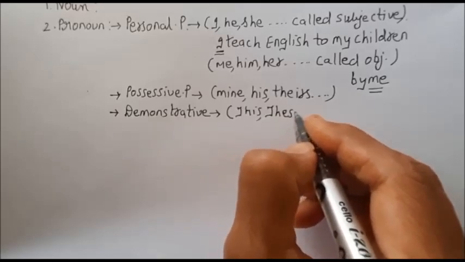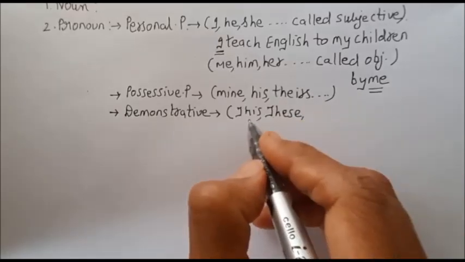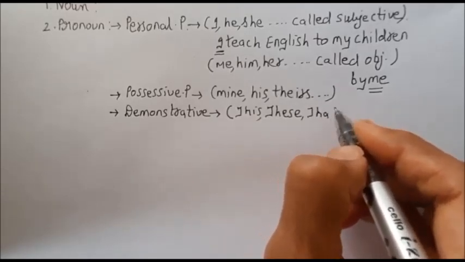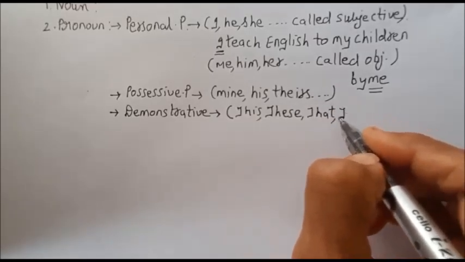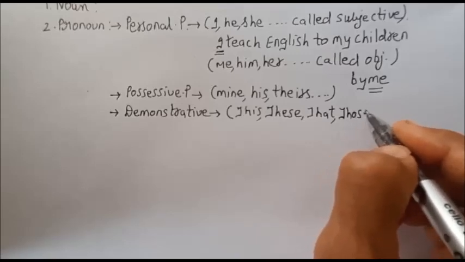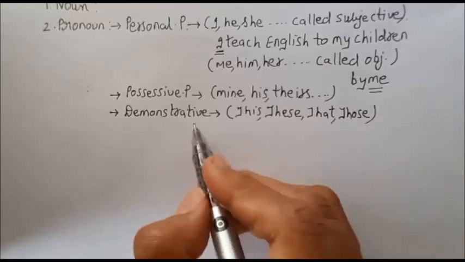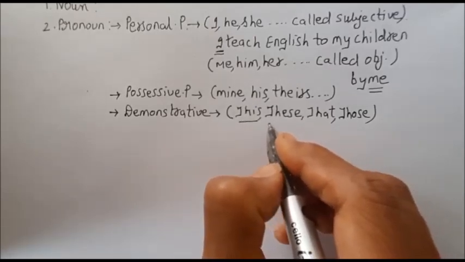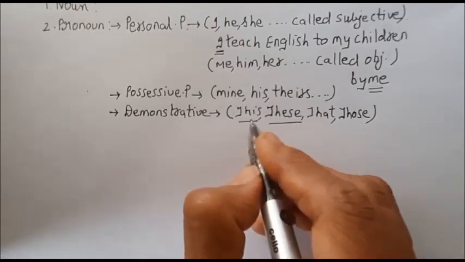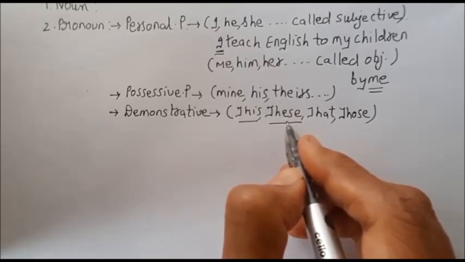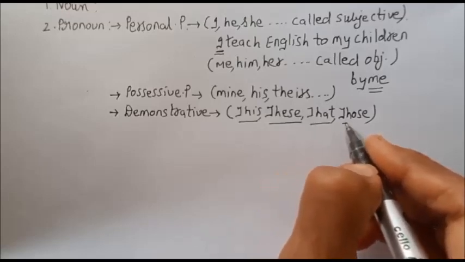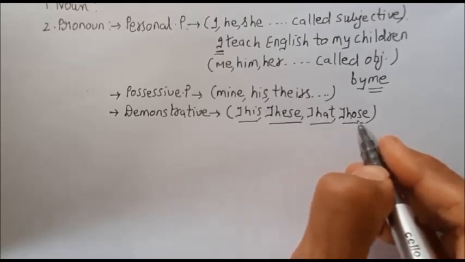See the pronunciation, how am I saying? This, these, that, again singular, those, that is plural. These are called demonstrative. Now this and these, singular, plural, are used to show the things that are close to you. That, those, singular, plural, to show the things away from you.